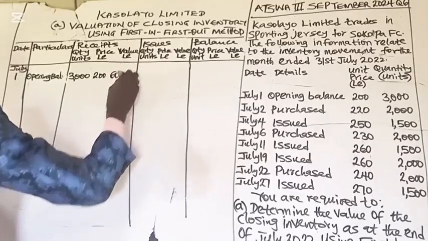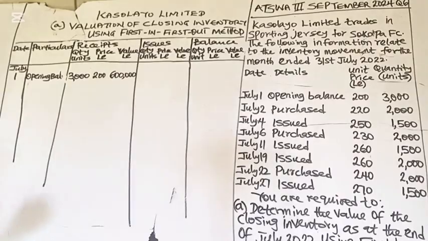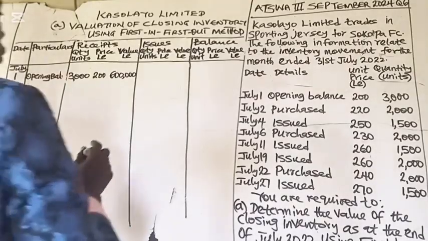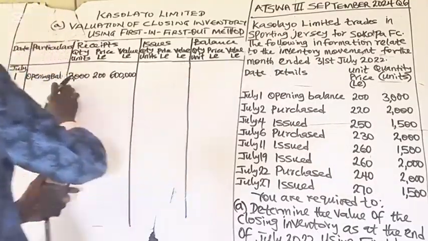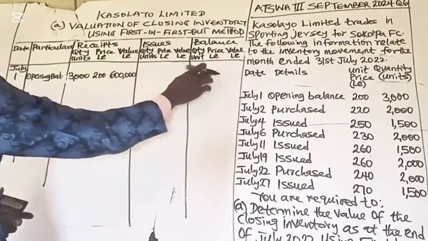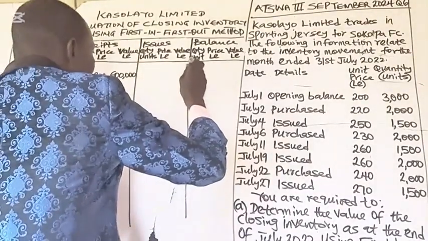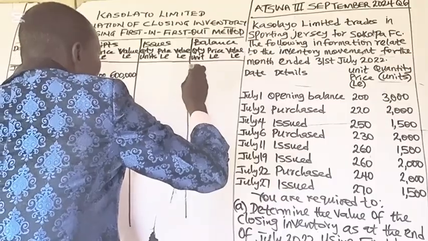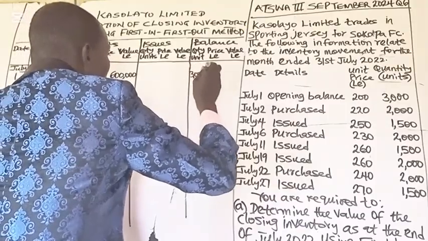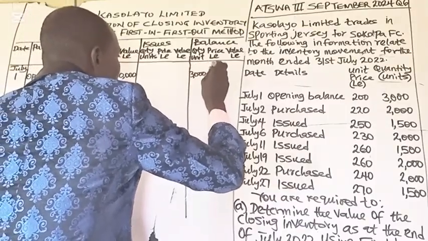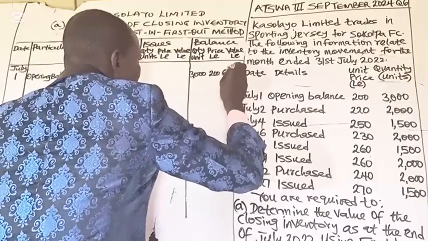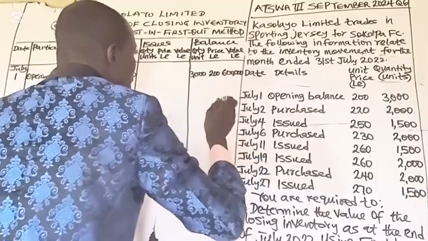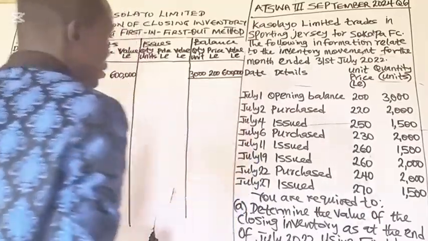Then you move to the balance column. Same thing you have here, you record it in the balance column. 3,000, the price is 200, the value is 600,000. That is the opening balance.